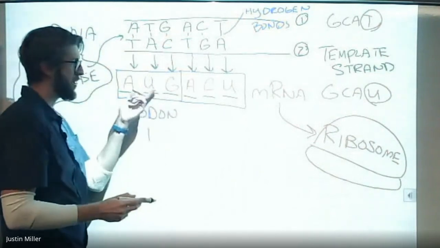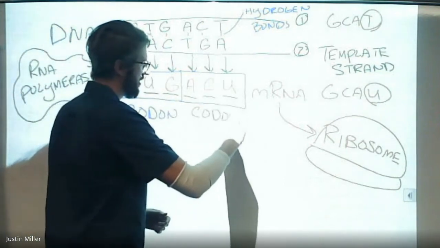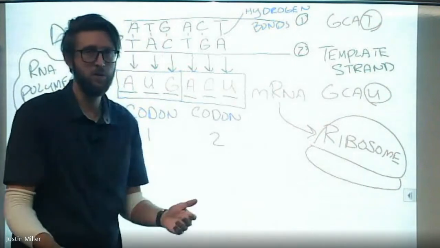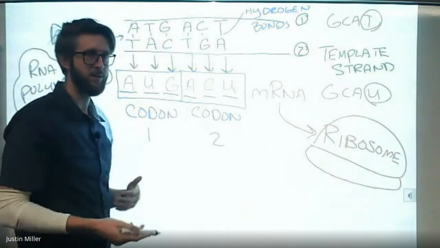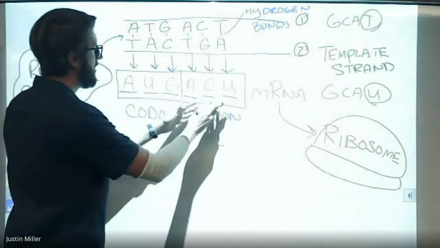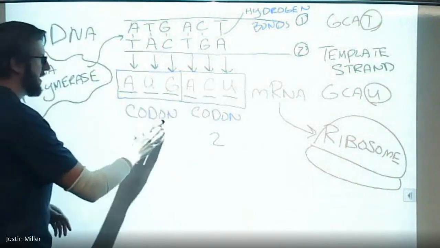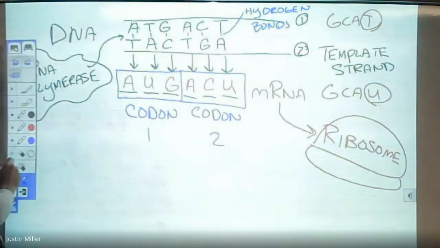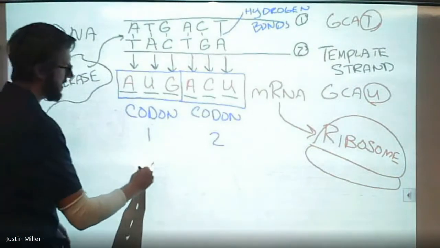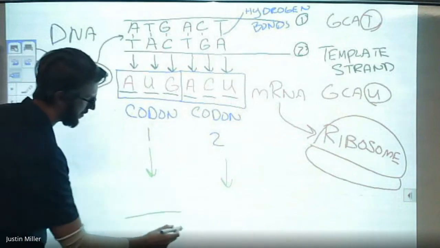So this is codon number 1, and this is codon number 2. It's called a codon because we're decoding. This is a code, right? So that's where the name comes from. And the thing about codons is that every codon is going to tell you to make a specific amino acid, which we're going to do right now.